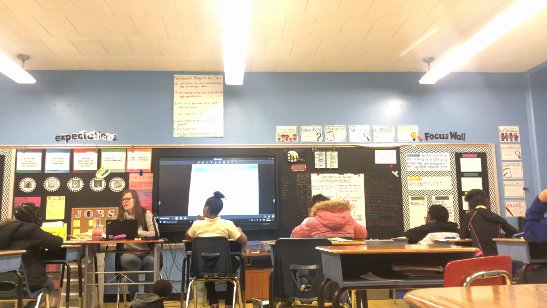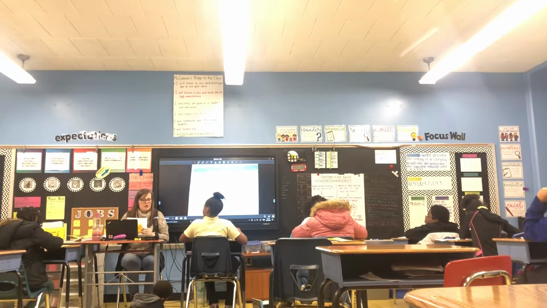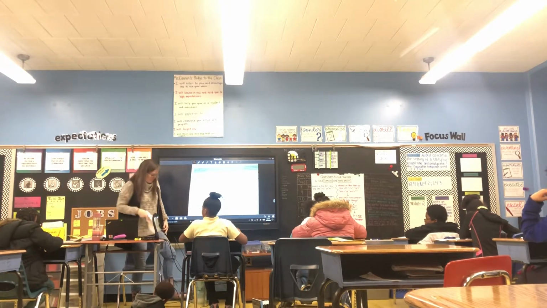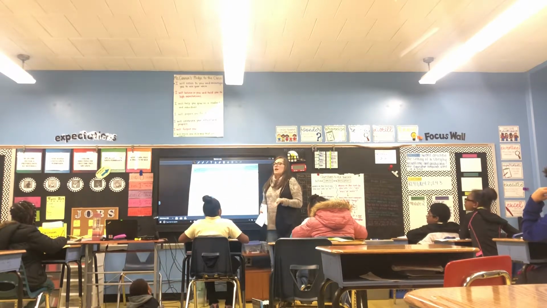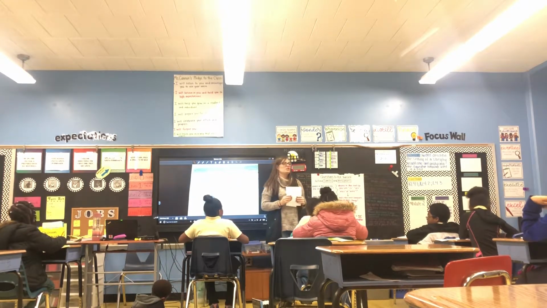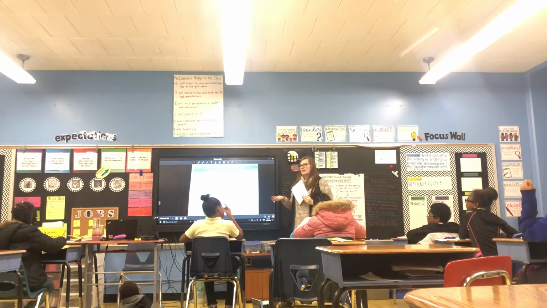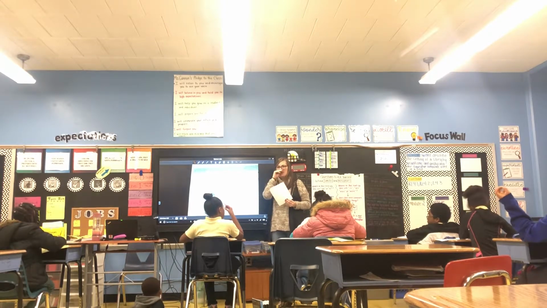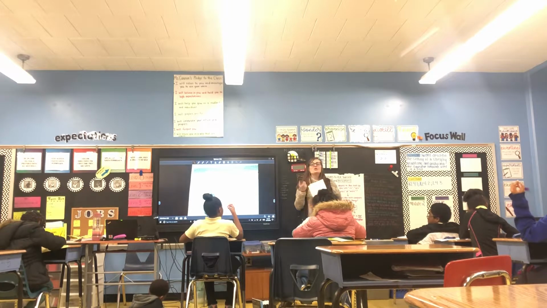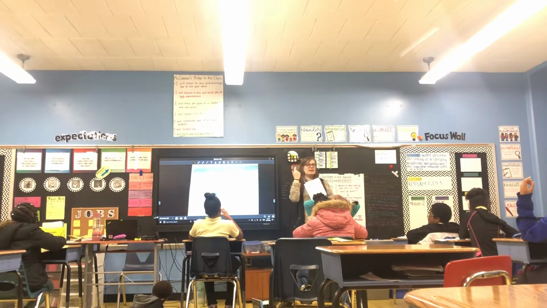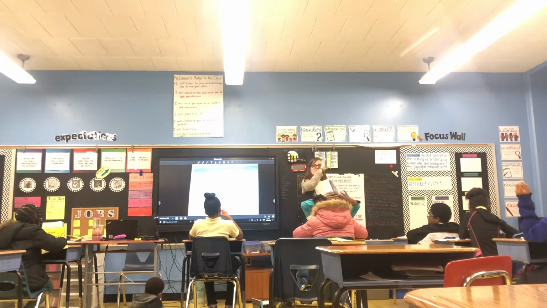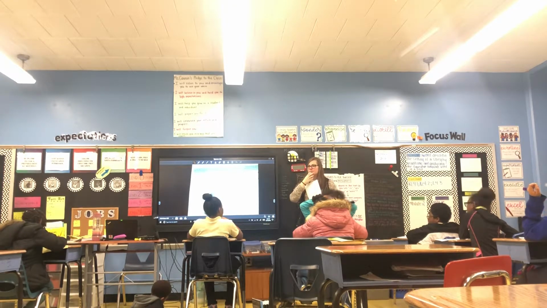So, we are going to look at some pictures. I'm going to first ask you to describe a lemon, and then you're going to describe a sun. And we're going to see how the two are similar. This is also what you can do and what we'll be doing today to help us visualize the setting and better understand the parts of the story.